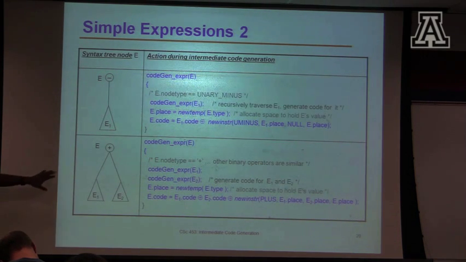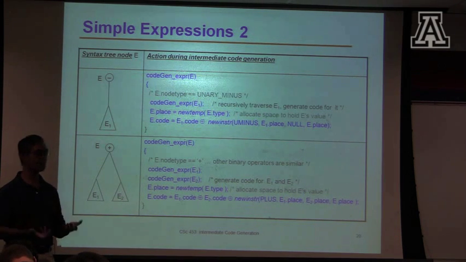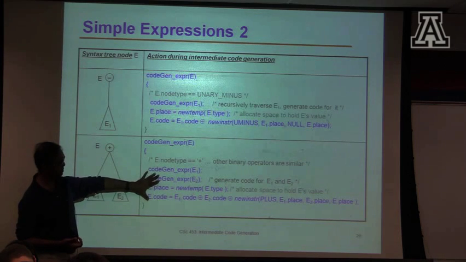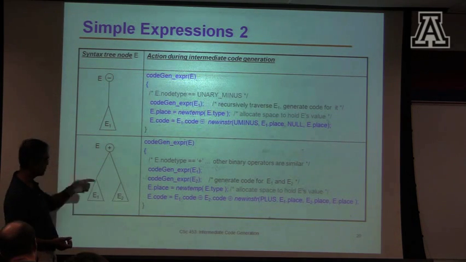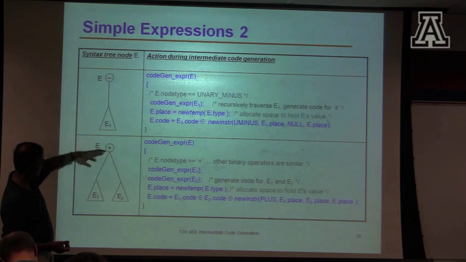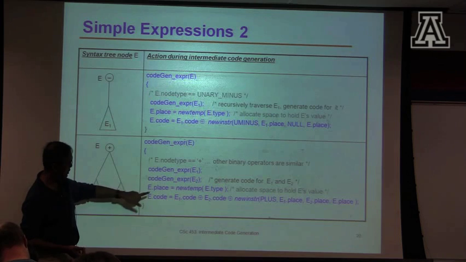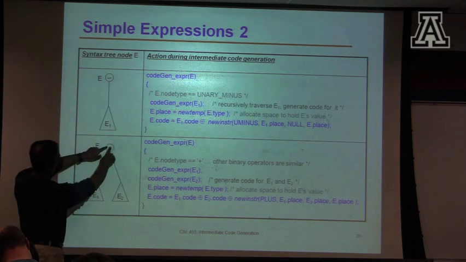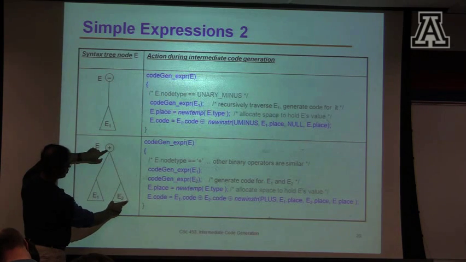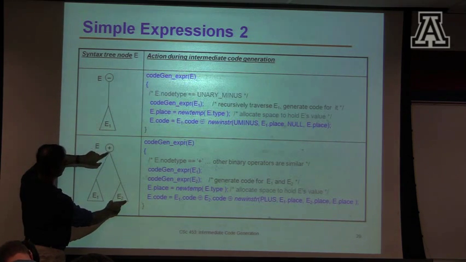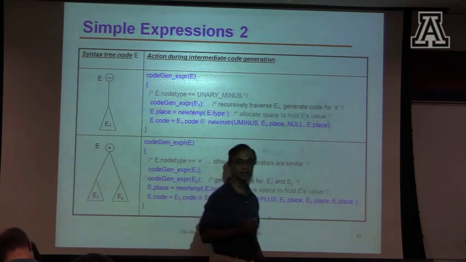So the code generation here, this is what it looks like, and really the code that you would write, or I would write, is not that different. This is a little bit abstracted, but it's pretty close to the real thing. So recursive traversal: traverse E1, traverse E2, create a new temp. And then the code for this whole thing consists of the code to evaluate E1, followed by the code to evaluate E2, followed by a new instruction which will add the results.